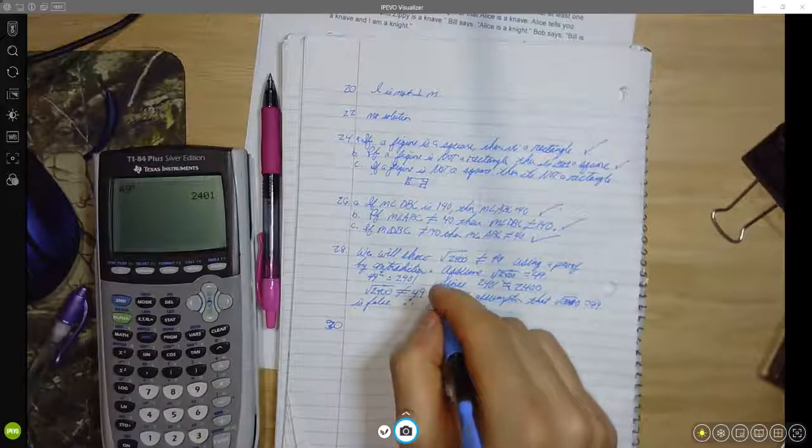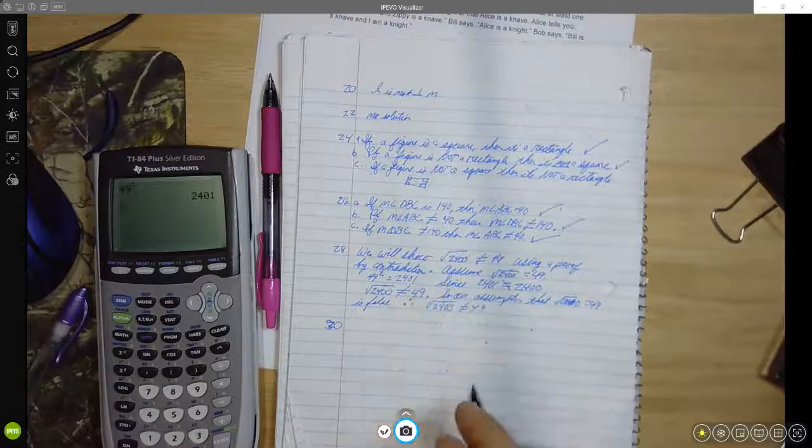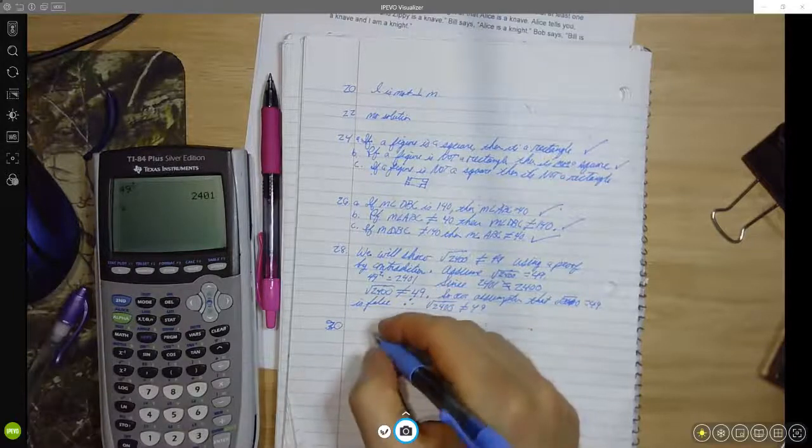Use the figure below. Write an indirect proof to show that triangle ABC is not isosceles. So you'll have to look for the figure in the book.